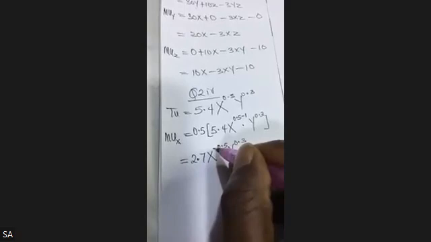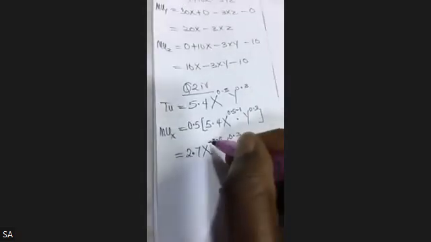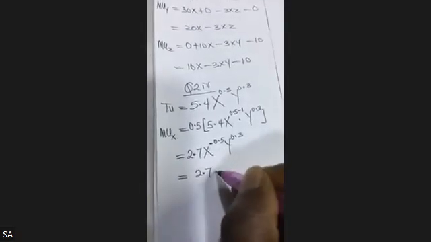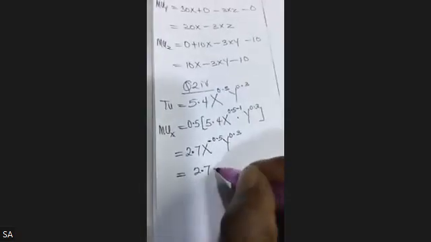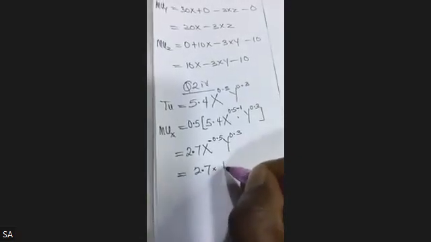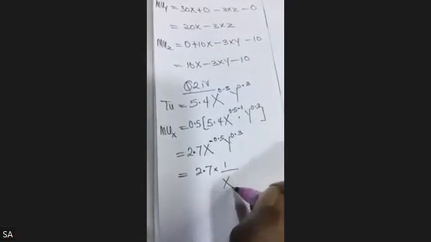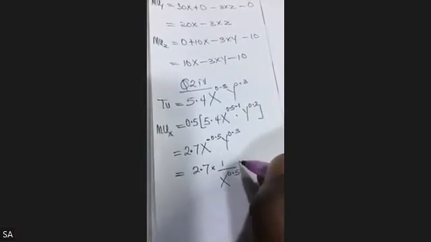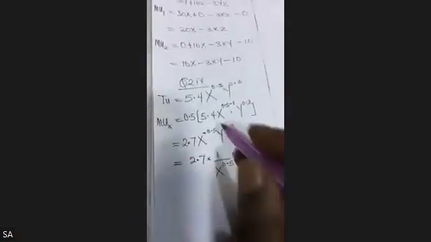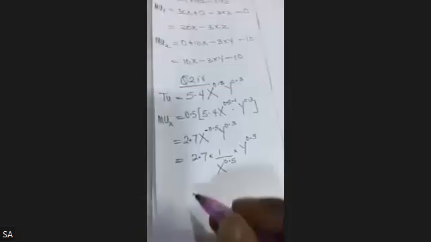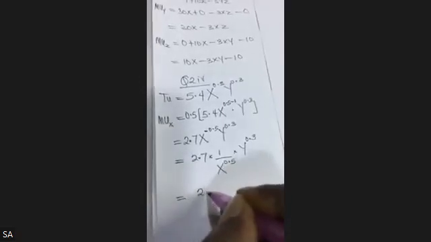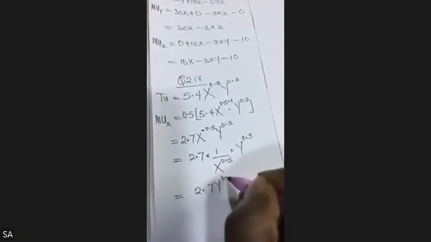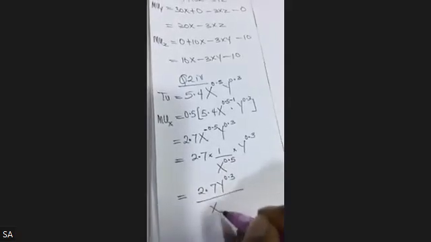Because this is minus here, you can leave your answer like this, or take the reciprocal. So this becomes 2.7 times 1 over x raised to 0.5 times y raised to 0.3. So this becomes 2.7 y raised to power 0.3 divided by x raised to power 0.5. So this is your answer.